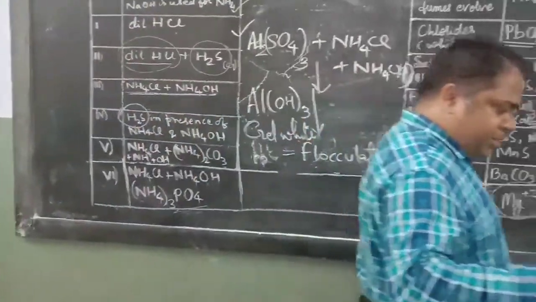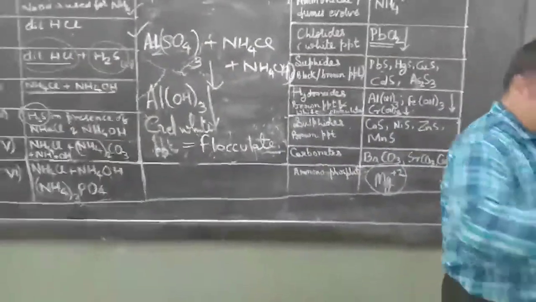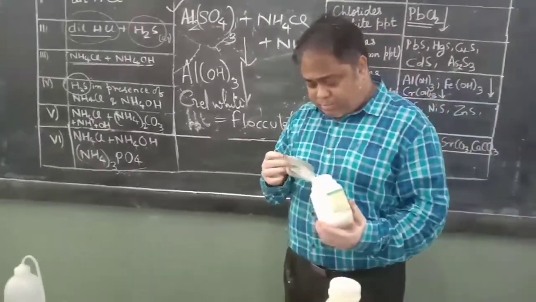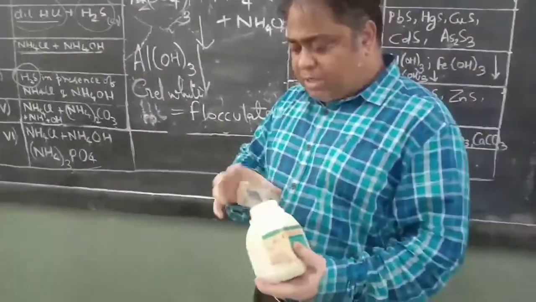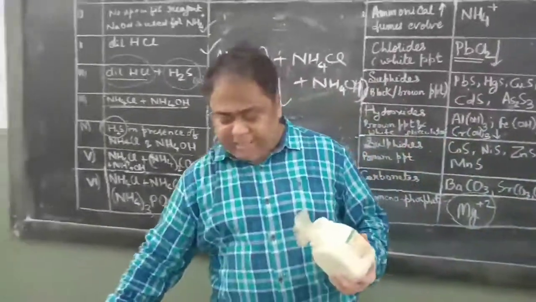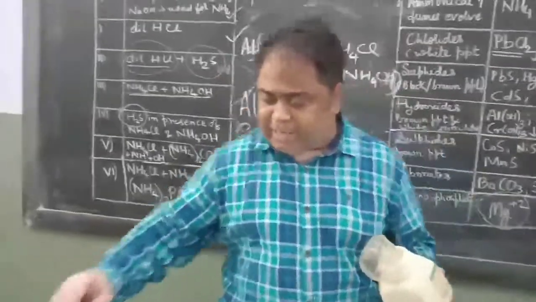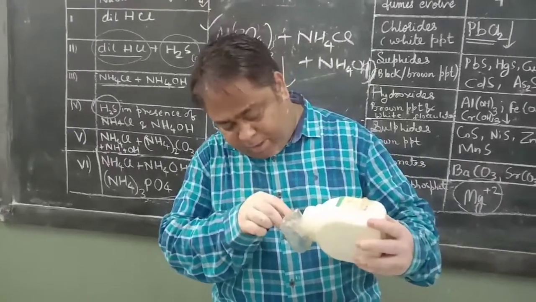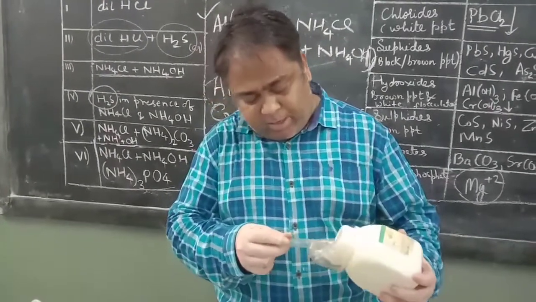So if I have a magnesium salt here, yes I have. See, magnesium salts are deliquescent in nature. They become a dilute solution when they absorb moisture from the air.